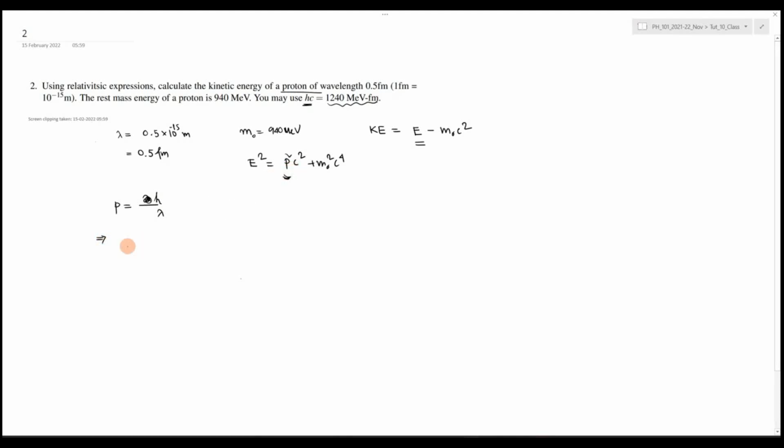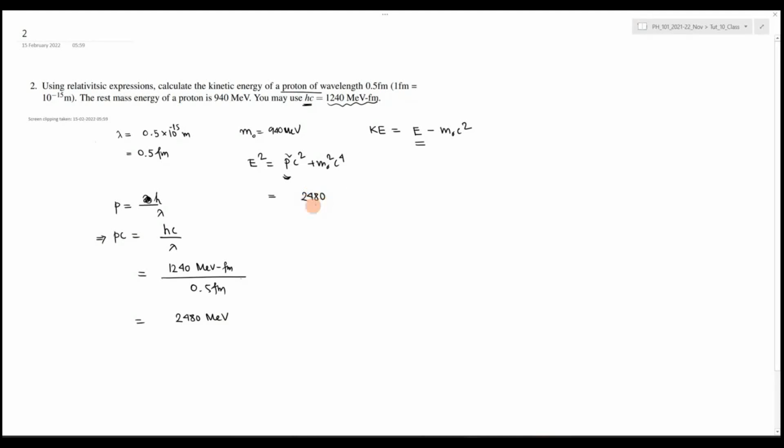And we, by the way, need PC. So let's multiply with C: hc by lambda. So you get PC. PC is actually 1240 MeV Fermi meter divided by 0.5 Fermi meter. It means we have 2480 MeV for PC. Now we substitute the PC value.